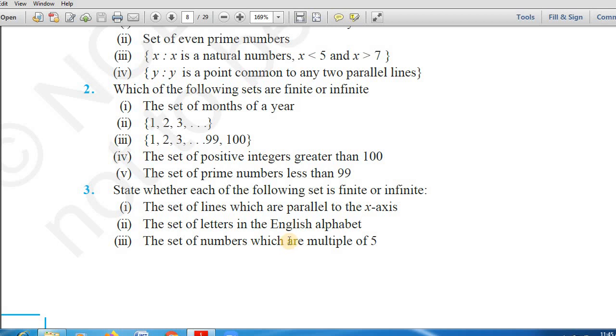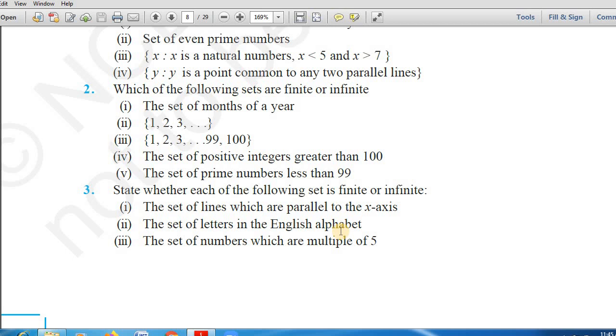In the next example 3, look at the set of lines which are parallel to the x-axis, obviously an infinite set, because infinitely many lines you can imagine which are parallel to the x-axis. The set of letters in the English alphabet, obviously finite.